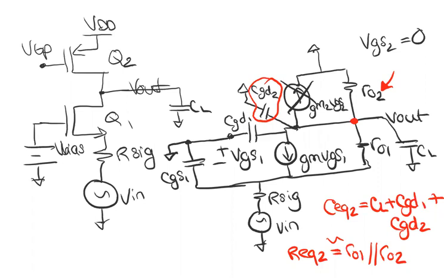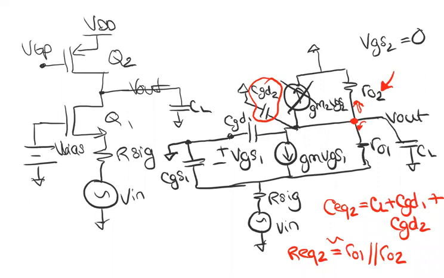The way that you could do this is to reanalyze the entire circuit's output resistance, and you will find this R02. Or you could just look going up from V out: GM2 VGS2 is open circuit, and CGD2 does not matter. It's an open circuit at low frequency when we're talking about resistance, so you just have an R02. So it's R02 in parallel with the resistance seen looking into the drain of the common gate device, which we found in the previous recitation.